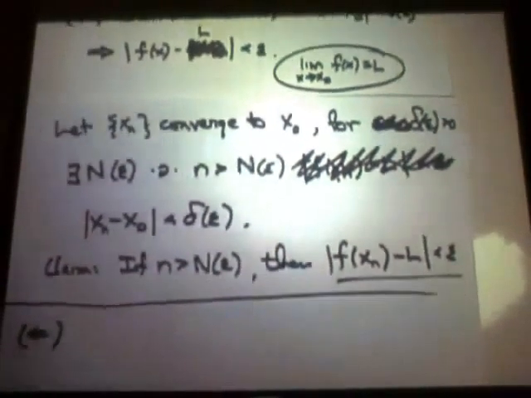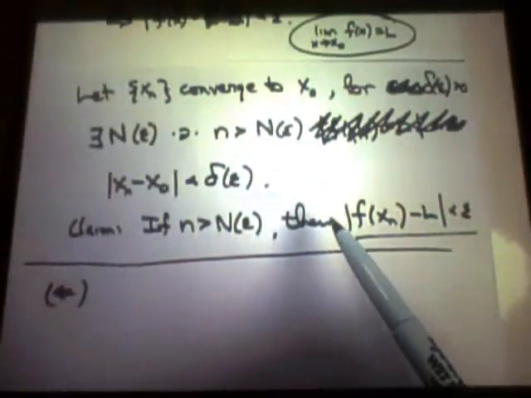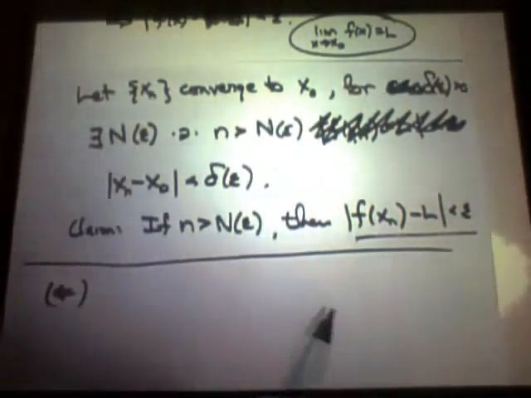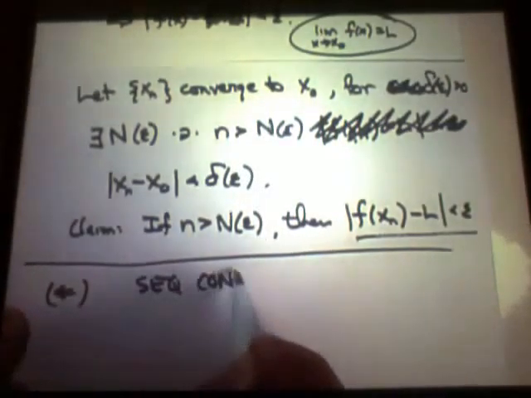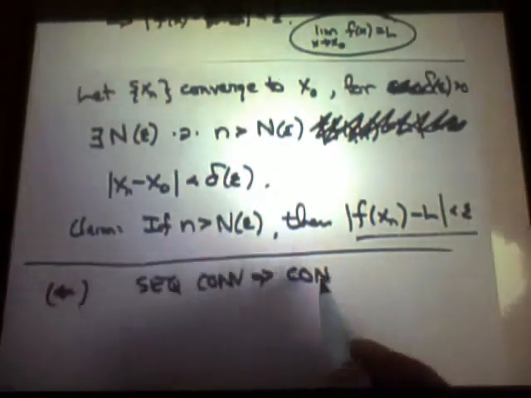So now we would like to show, this is the more interesting way. This says convergence implies sequential convergence. Now we'd like to show sequential convergence implies convergence. You write this down: sequential convergence implies convergence. All right.